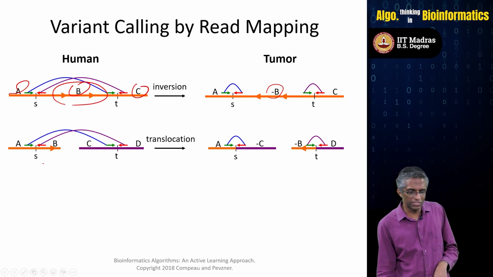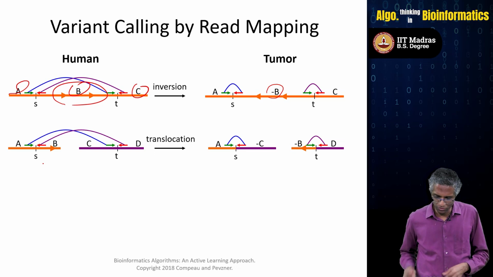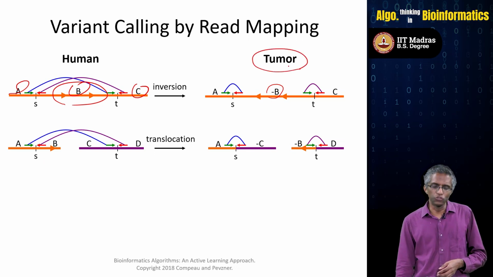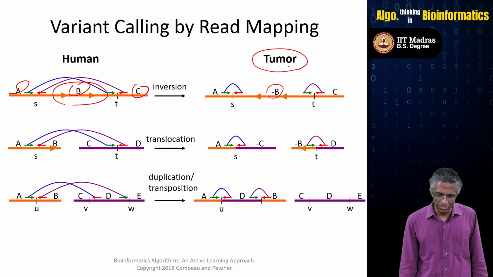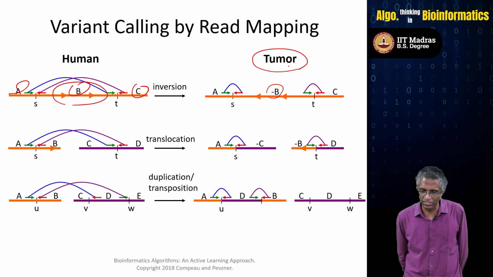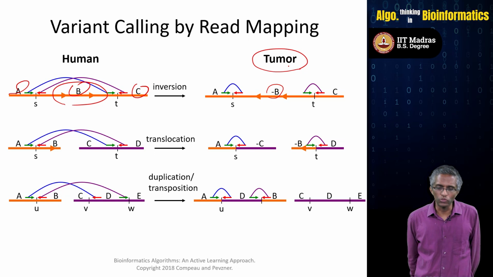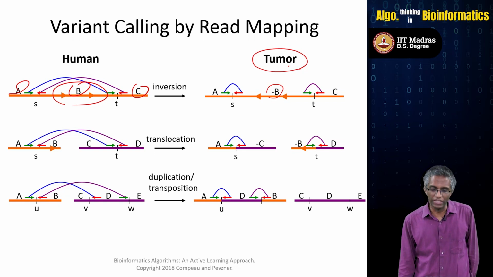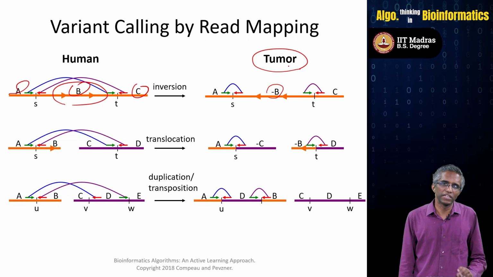All of these happen especially in cancer. So this is the tumor part, where large-scale genome rearrangements like inversions, translocations, and duplications or transpositions can happen. And it would be good to map reads that can also tell us about these different events that are happening in our genomes.